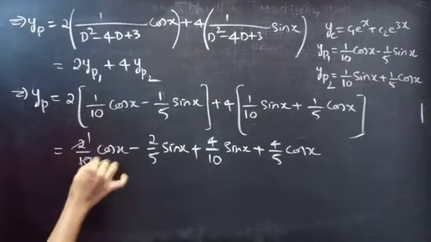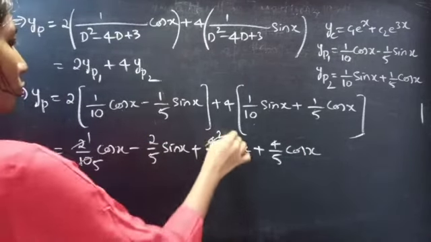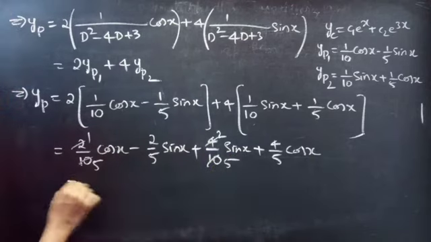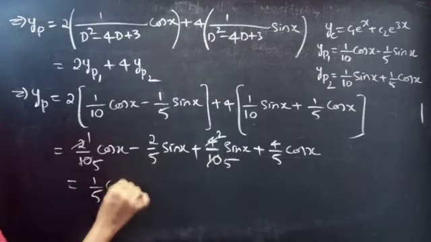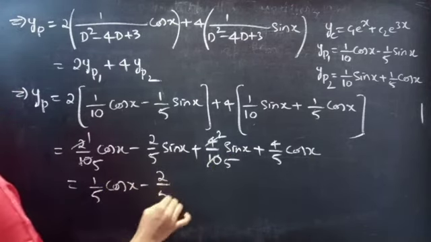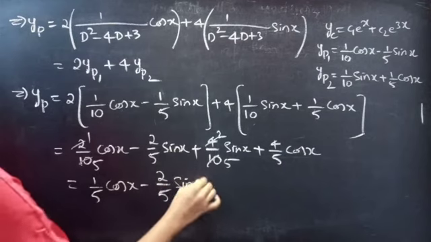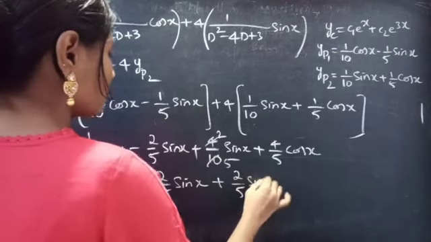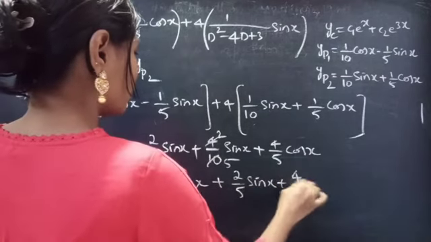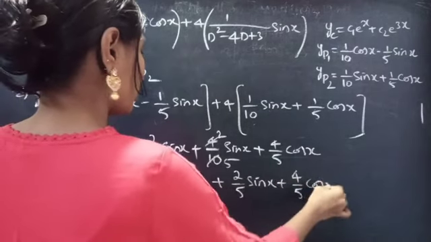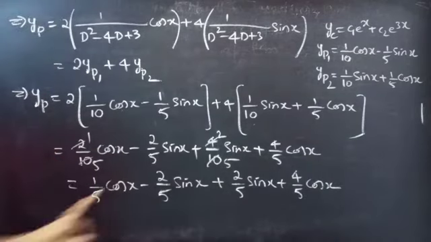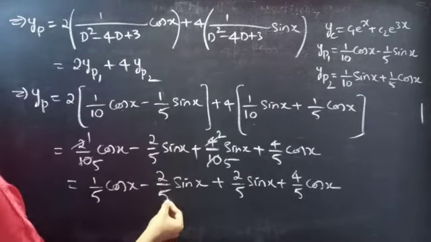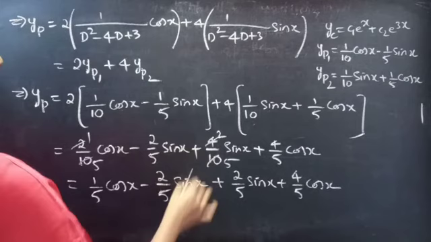2 ones are 2, 5s are, 2 2s are, 2 5s is equal to 1 by 5 cos x minus 2 by 5 sin x plus 2 by 5 sin x plus 4 by 5 cos x. Now minus 2 by 5 sin x plus 2 by 5 sin x gets cancelled.